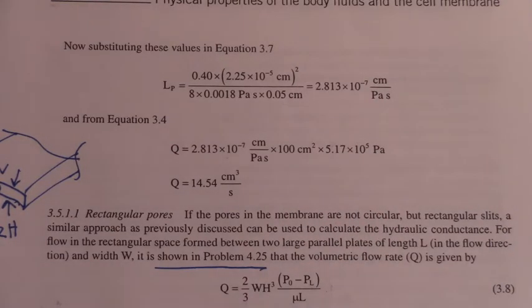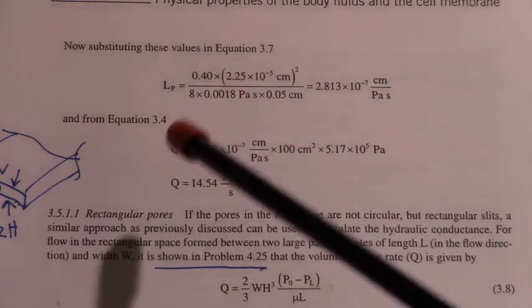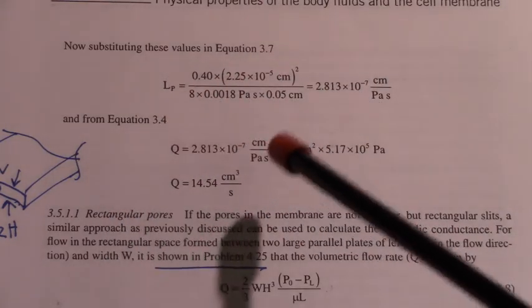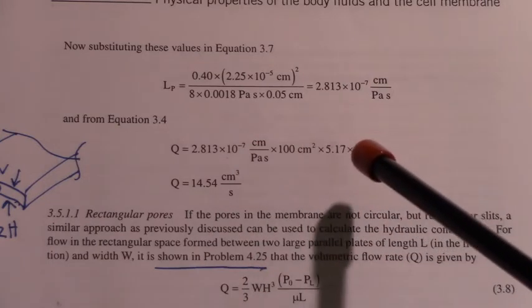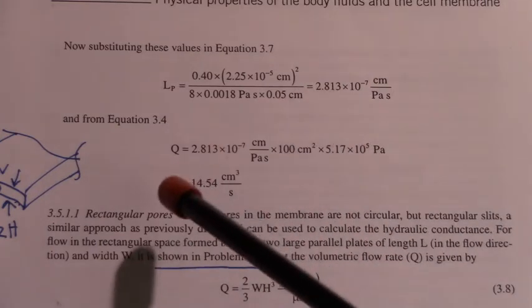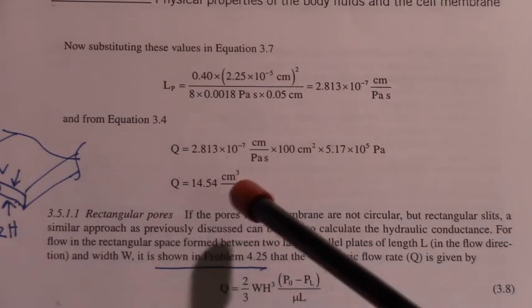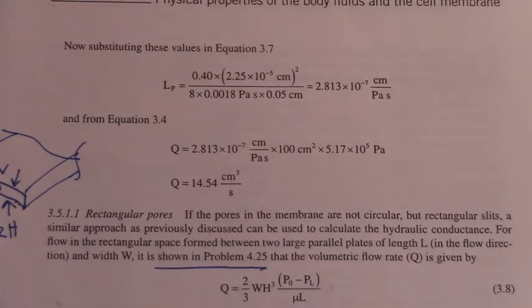That's our hydraulic conductance. Now we go into equation 3.4, multiply the LP by the surface area, multiply by the applied pressure, and we get a filtration rate of 14.5 cubic centimeters per second. That would be the filtration flow across that 10 by 10 centimeter membrane.